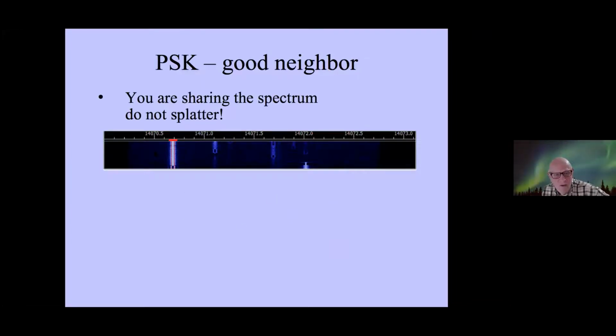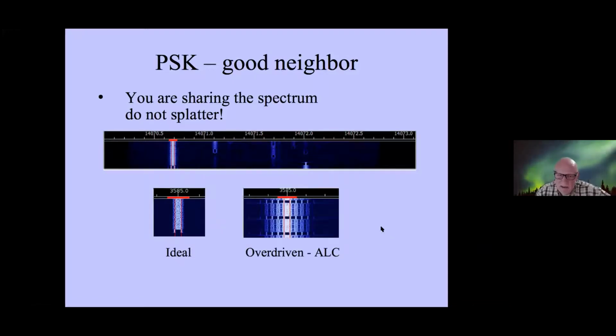You don't own that whole 3K. It's being shared with a lot of other signals. These are all very well-behaved signals. The ideal looks like this. And if you overdrive your ALC, everyone that's on this band will know it, and someone might even tell you about it. So you don't want to do that. Try not to overdrive that ALC.